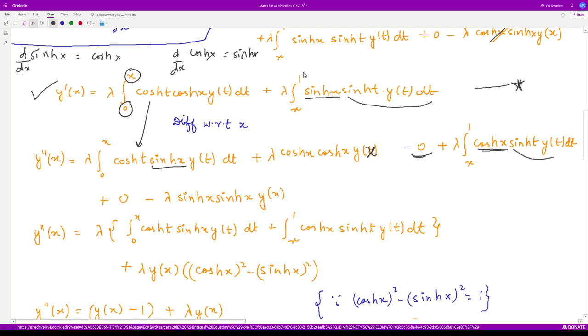Plus the derivative of this upper term with respect to x being constant, it is 0, so the whole term becomes 0, and then minus the derivative of this x with respect to x, that is 1. So lambda as such, the derivative of this term as such, that is 1, and then replacing t with the lower limit. So sinh x as such, and in place of sinh t we write sinh x, and in place of y of t we write y of x, right?